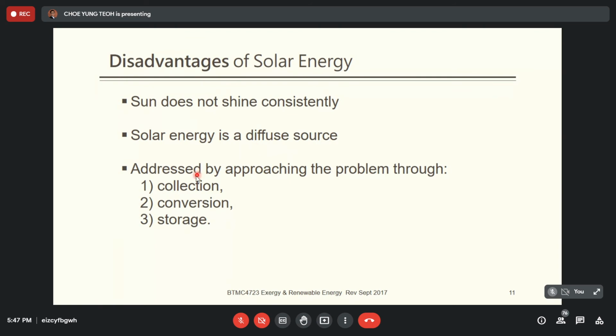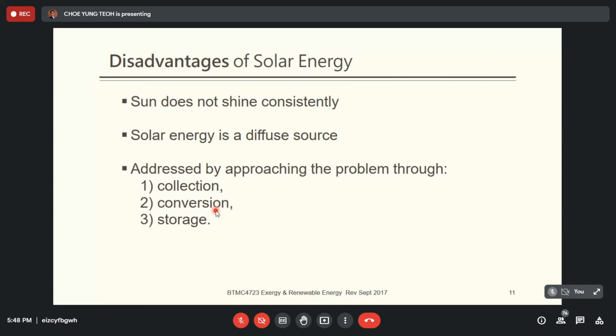And the third disadvantage is the problem of collection: how are we going to collect this diffuse solar energy? Is there any effective way to collect it? Secondly, after we collect it, how do we convert it to useful energy, such as electricity?